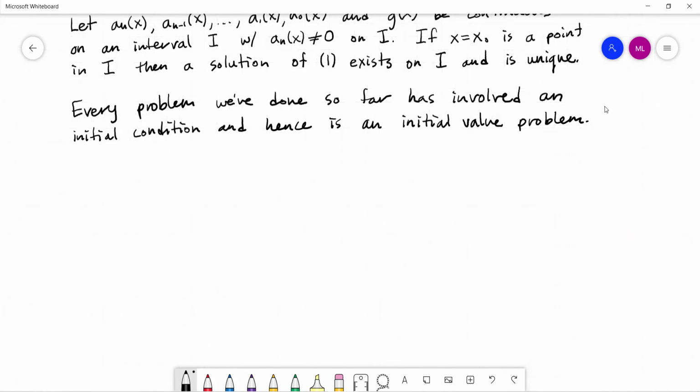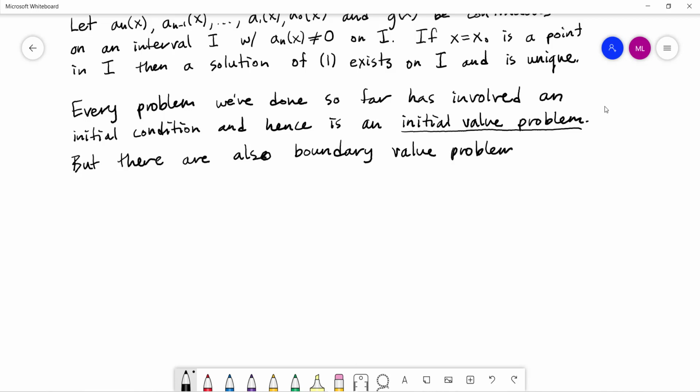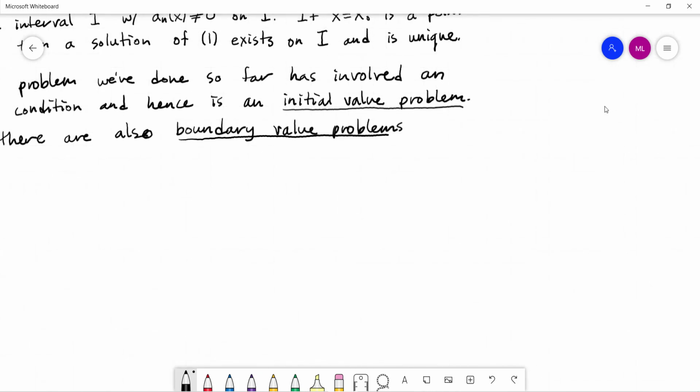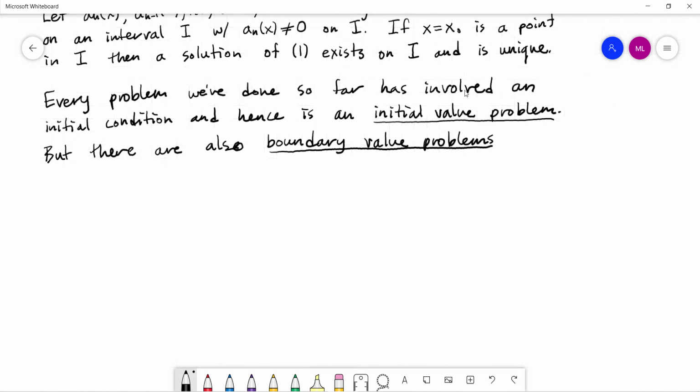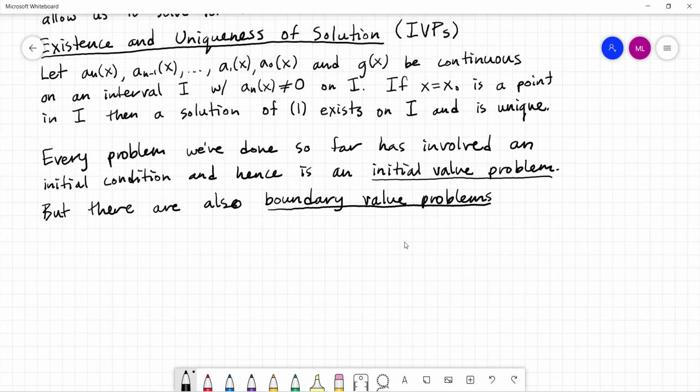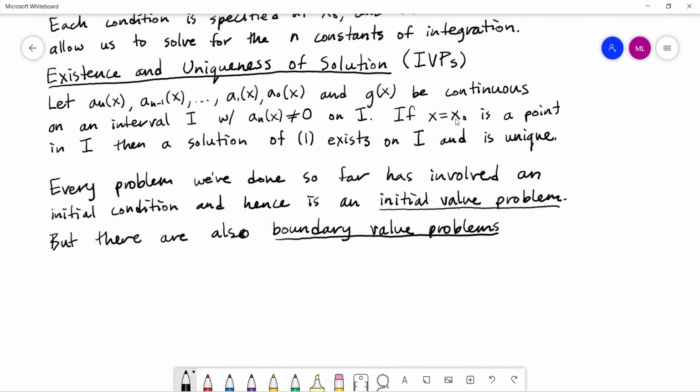So basically, we've talked about initial value problems. But there are also types of problems called boundary value problems. And the difference between an initial value problem and a boundary value problem is that in a boundary value problem, all the conditions aren't specified at the same value of x naught.